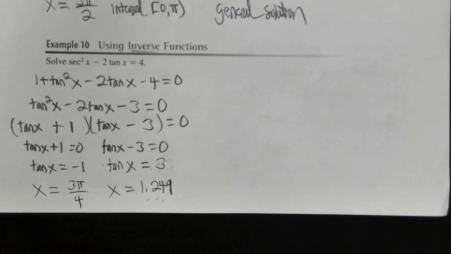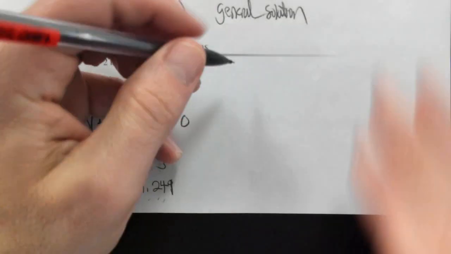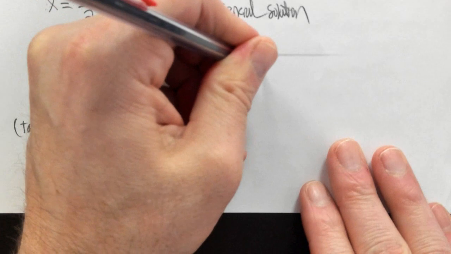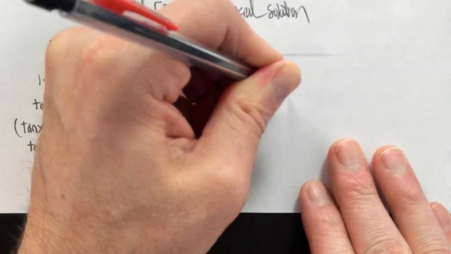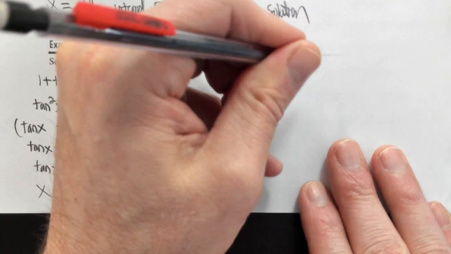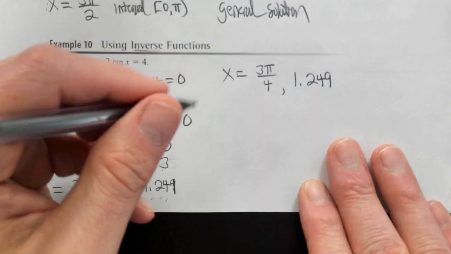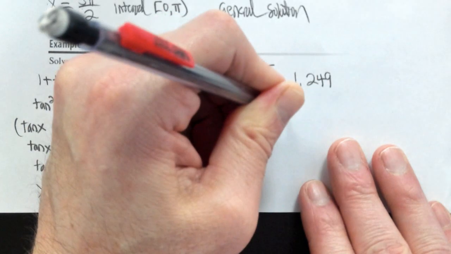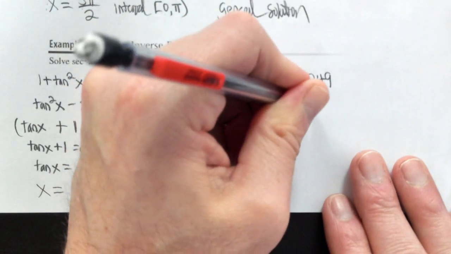And so that's why we had to use our inverse function to come up with it. And so when we're writing it out as our solutions, we could do it like this. We can go x equals 3 pi over 4, okay, and 1.249. That's my interval from 0 to pi for tangent.